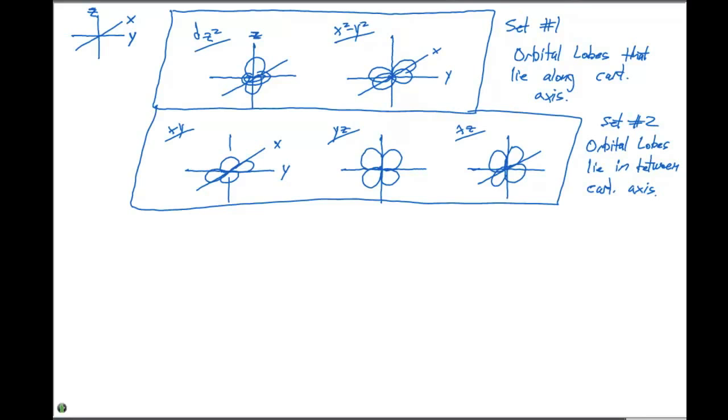So for set number 1, we're going to have a strong interaction, or we could say a strong overlap, with ligands along the X, Y, Z axis.